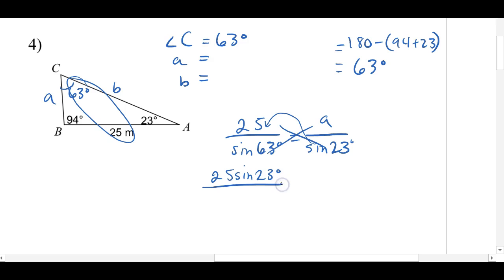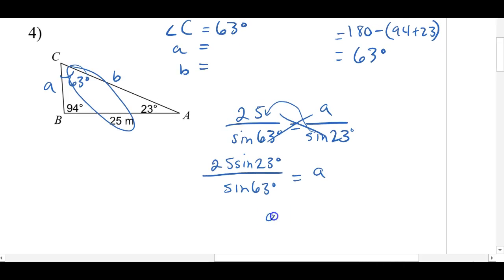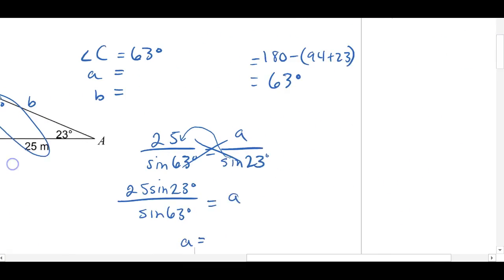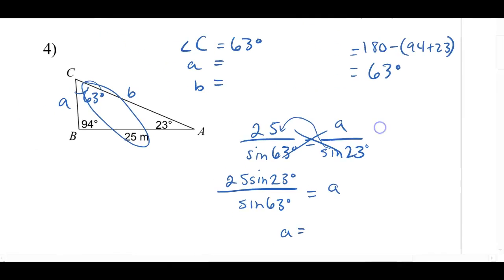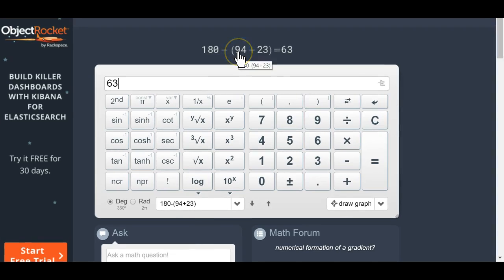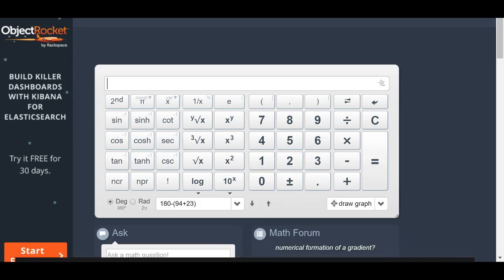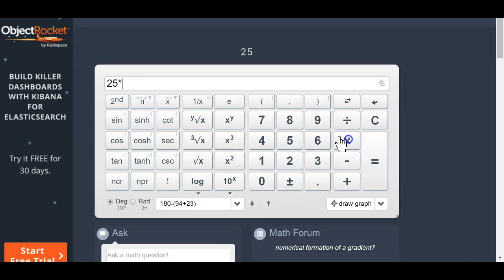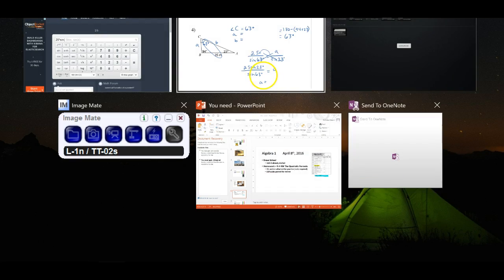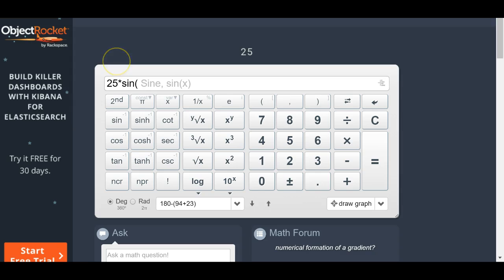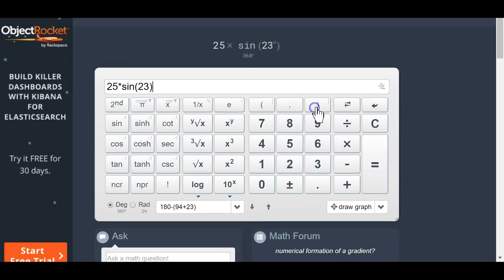25 times sine of 23 degrees divided by the sine of 63 degrees equals our A. So let's go ahead and plug that in, and I'll put A back here on the left once we figure that out. So 25 times the sine of 23 divided by the sine of 63.